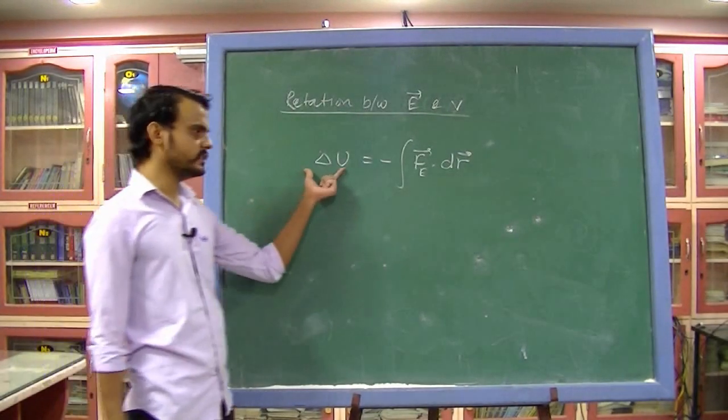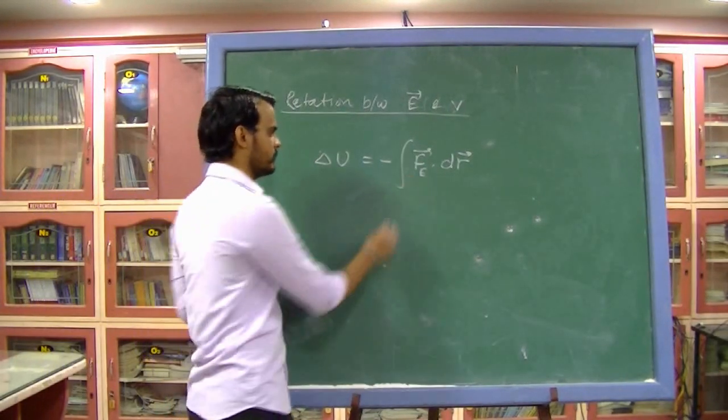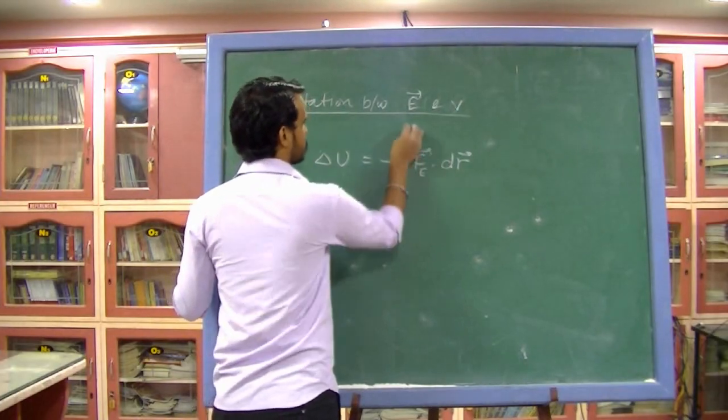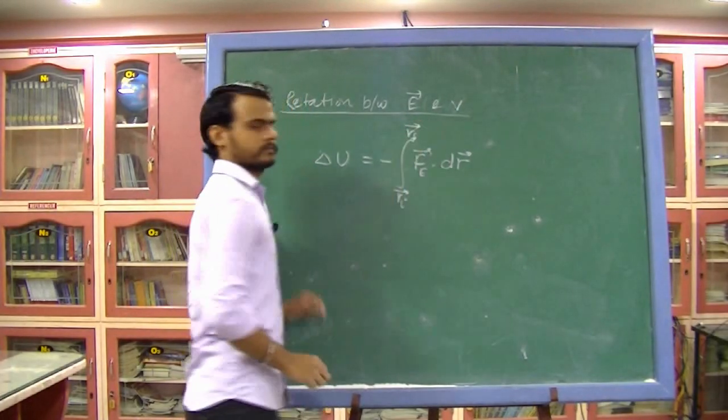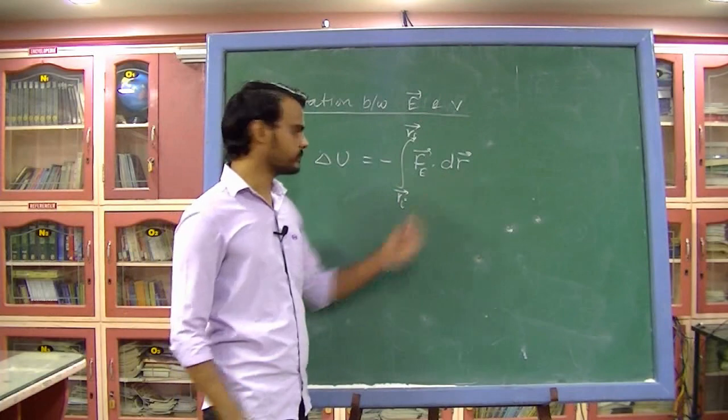This is the change in electrostatic potential energy, from r initial to r final, of Fe dot dr.